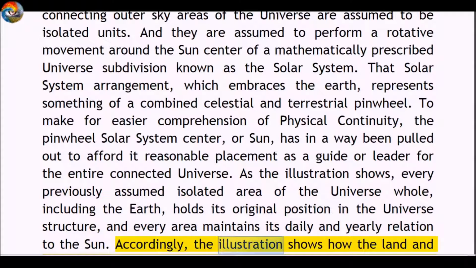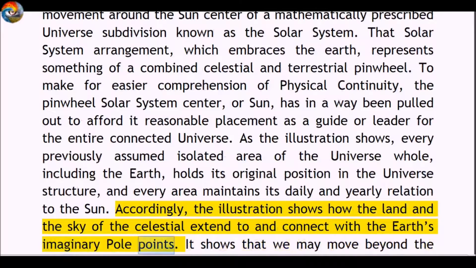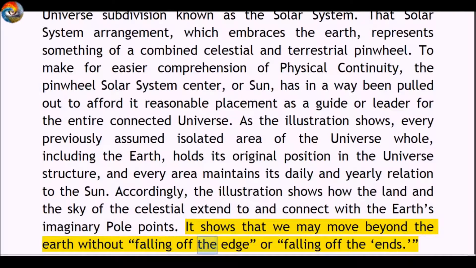Accordingly, the illustration shows how the land and the sky of the celestial extend to and connect with the Earth's imaginary pole points. It shows that we may move beyond the Earth without falling off the edge or falling off the ends.